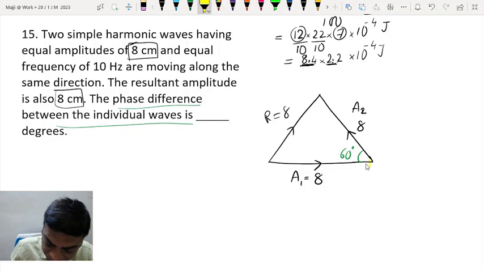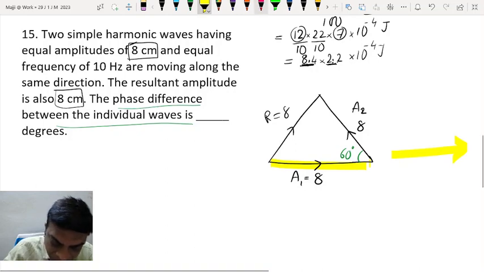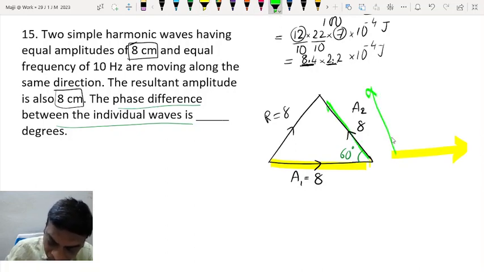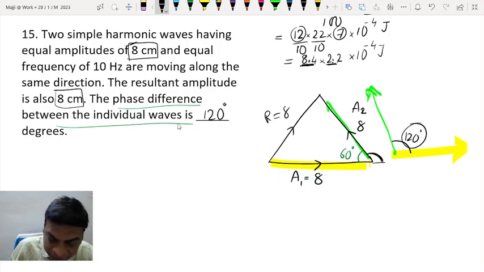So initially this was like this, and the other wave was like this. You have to draw them as co-initial vectors to get the angle between them. So this is the angle between them. So the required angle is 120 degree. 120 degree is the answer.